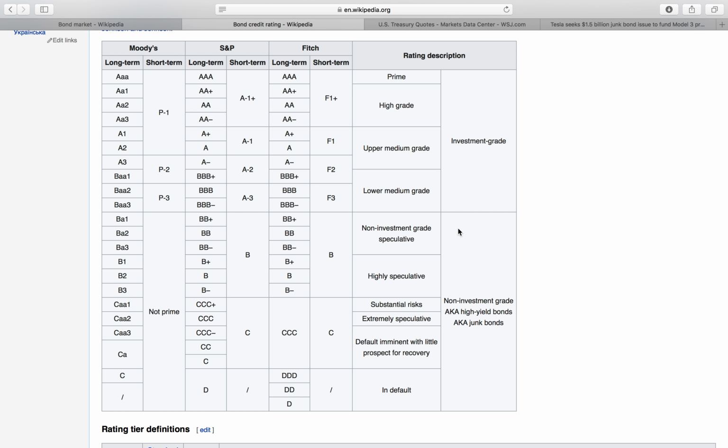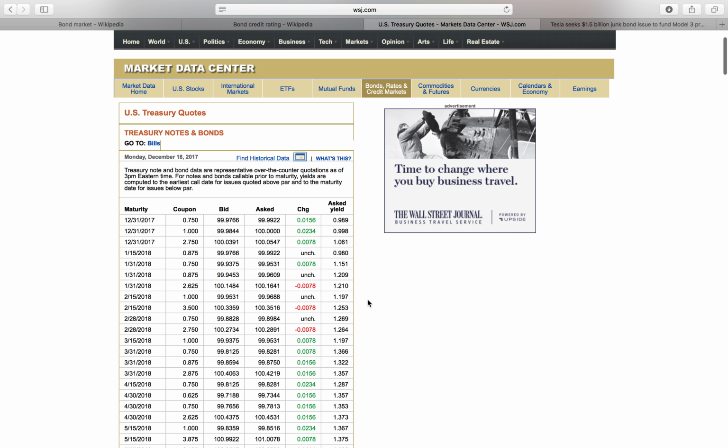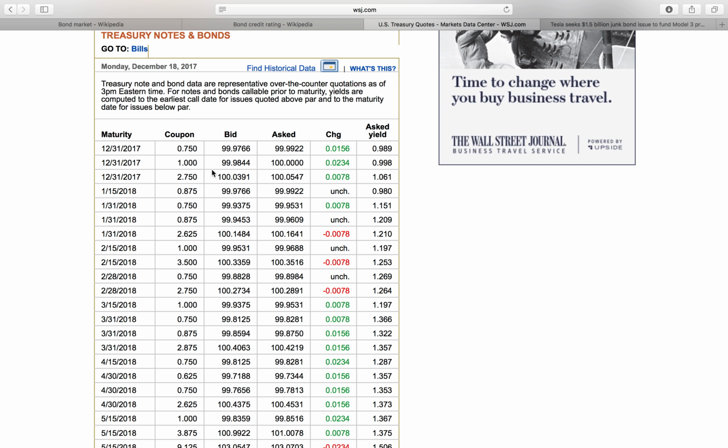Again, I talked about the typical issuers here. One of the biggest ones in the States is the U.S. government. These are treasury notes, and I should maybe explain a little first.